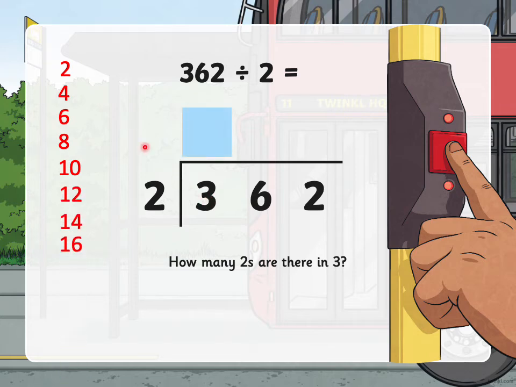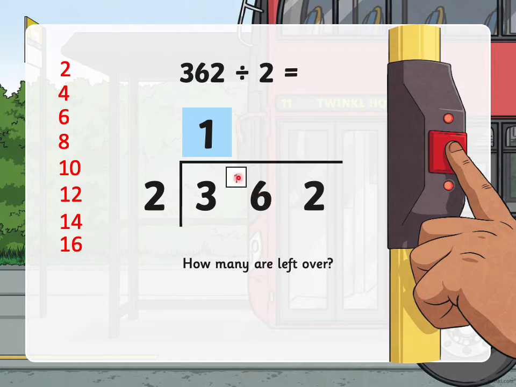Now 3 is not in table 2, but the closest number is 2. So 2 divided by 2 is 1. Okay, now how many remain from the 3? There's 1 remaining, so 16.